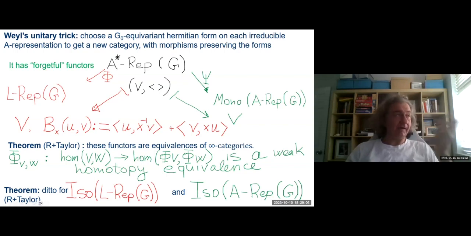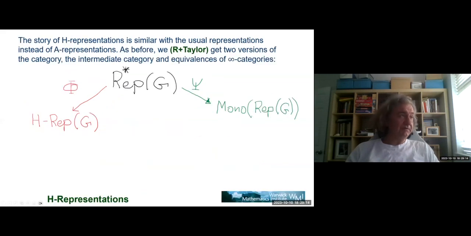Good. Now, a similar picture is true for normal representations and Hermitian representations. So this is H. It will be very quick. It's a very similar story.